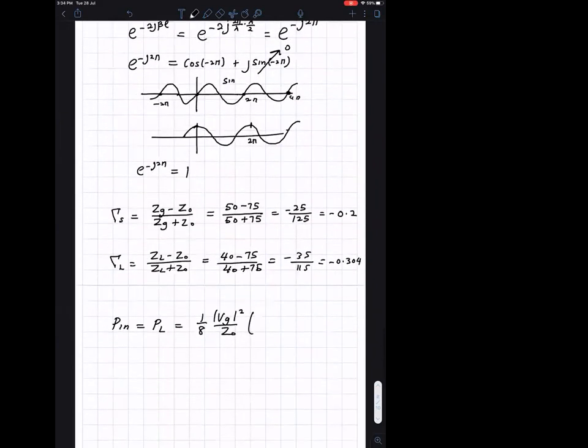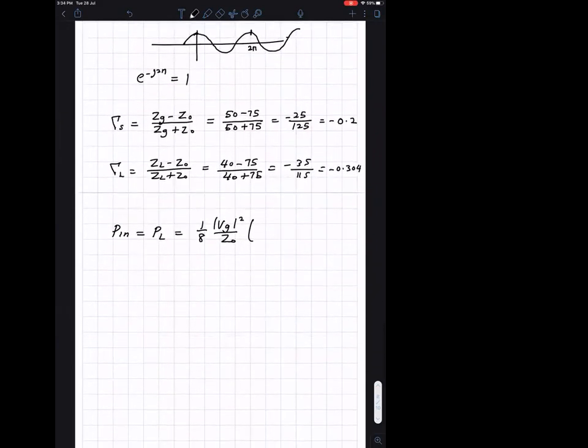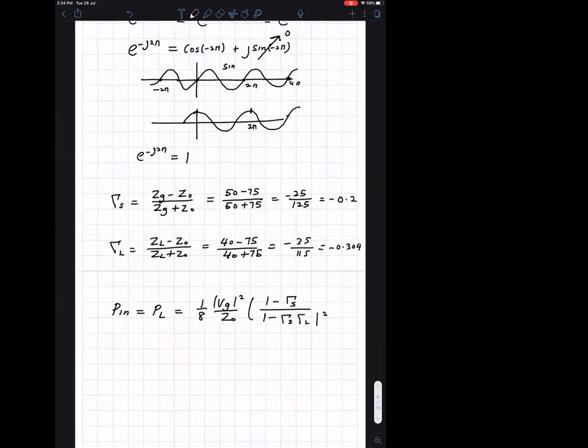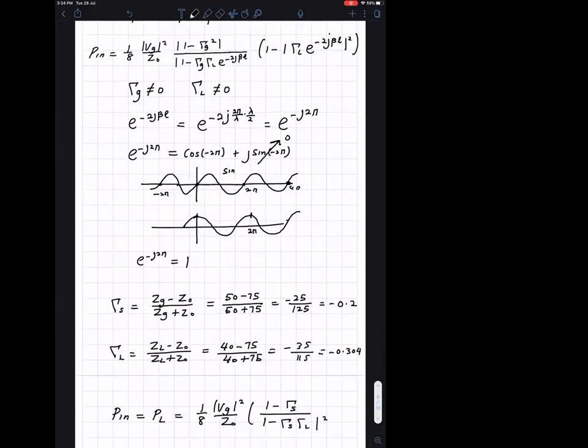Okay, 1 minus gamma of S multiplied by gamma of L, magnitude squared. This is the formula.